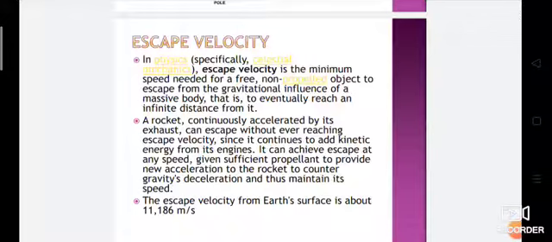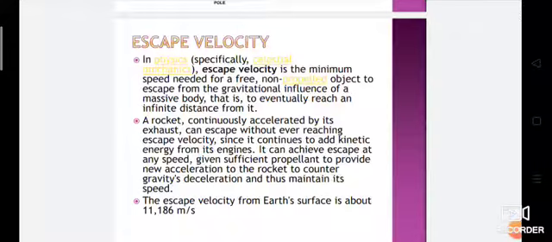Every satellite, every rocket, every launch vehicle encounters the gravitational pull, and they try to overcome this gravitational pull by maintaining accelerated speed.